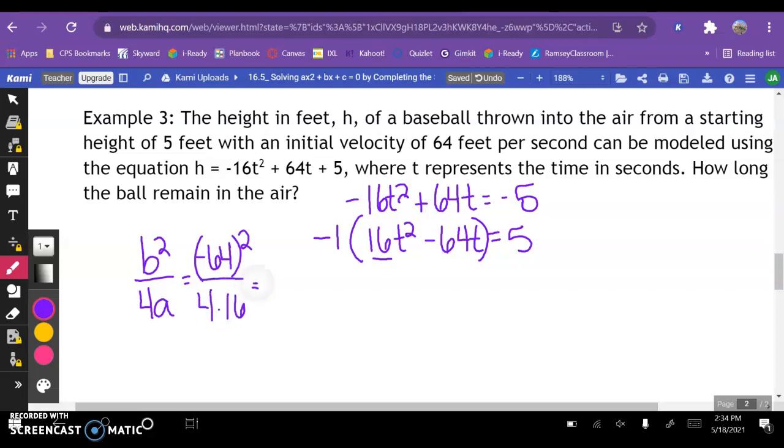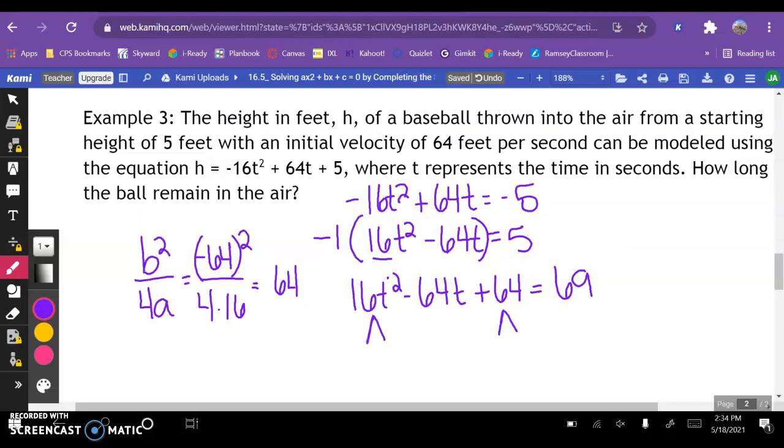When I do 64 squared divided by 4 times 16, I get an answer of 64. So we're going to ignore the negative 1. It's not going to help us out anymore. And we're going to add 64 to both sides. And 64 plus 5 is going to give us 69.